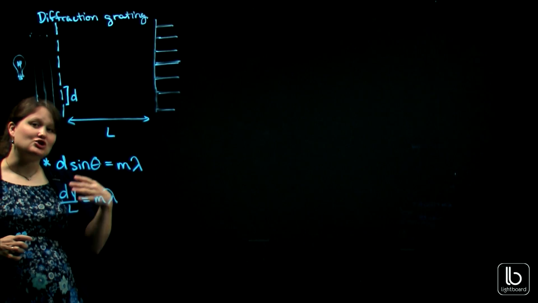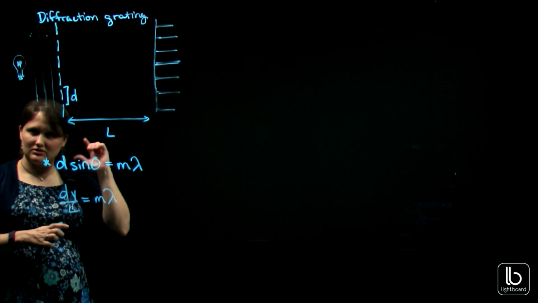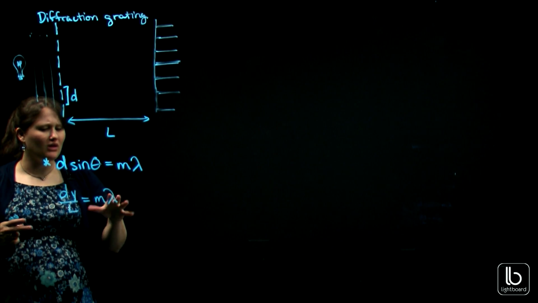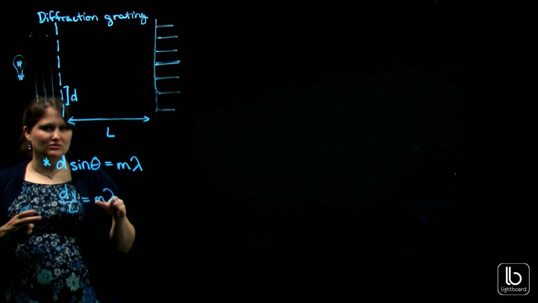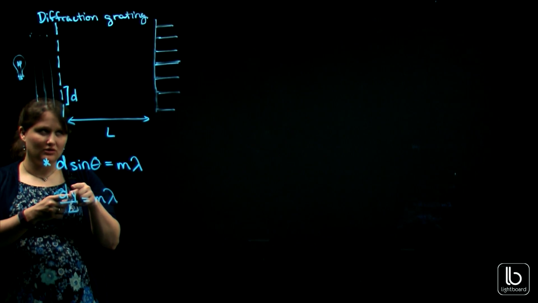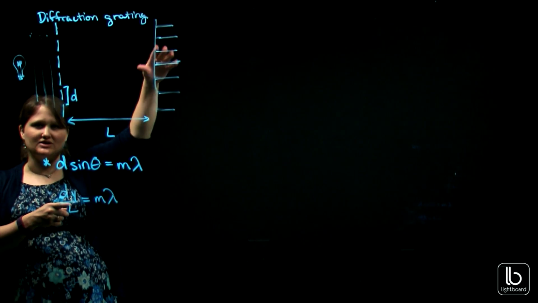So if I change color, if I change wavelength, start thinking about those interchangeably. If I change wavelength, I'm changing color. So if I change the color of my light, I'm going to change where it hits my screen.